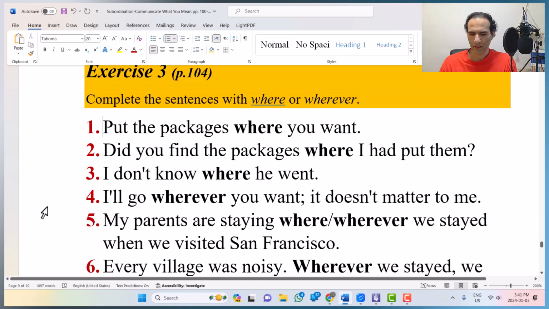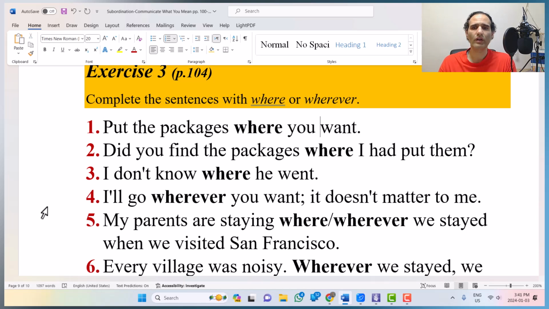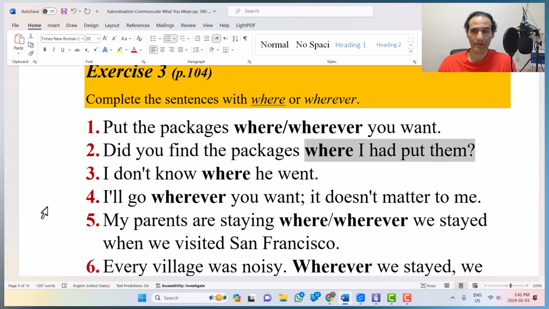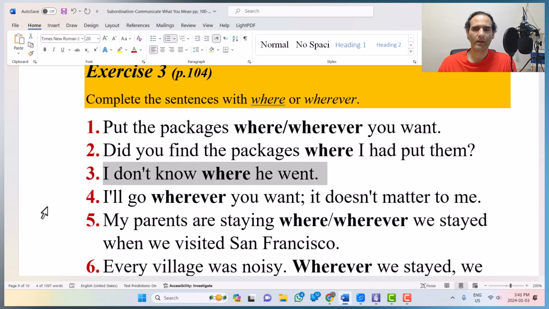It says, put the packages blank where you want, or it could be wherever you want. Put the packages where you want, put the packages wherever you want. Did you find the packages where I put them? I don't know where he went.